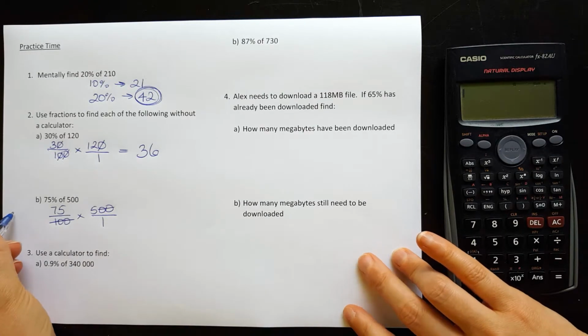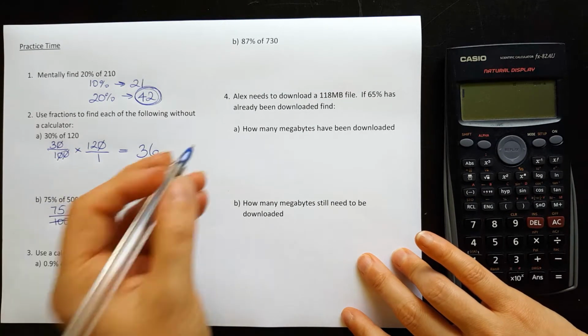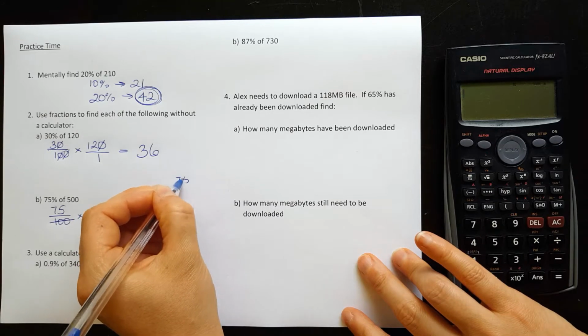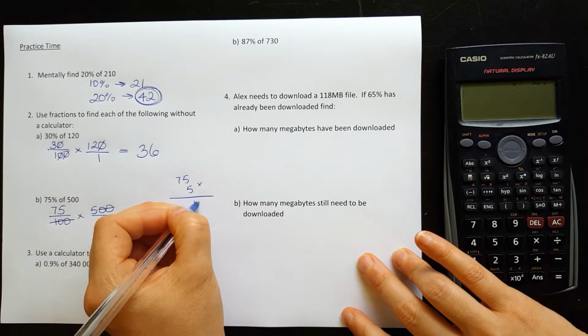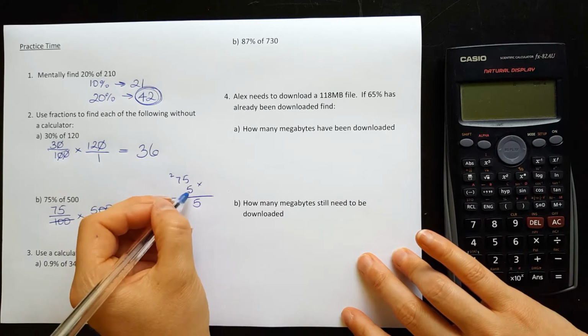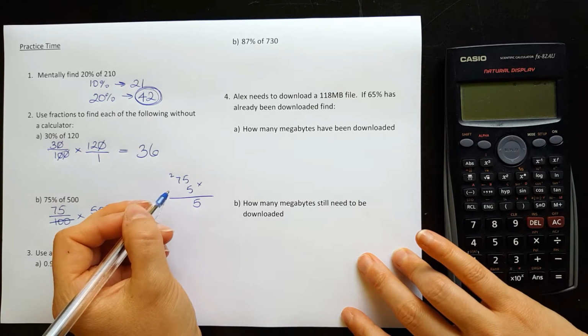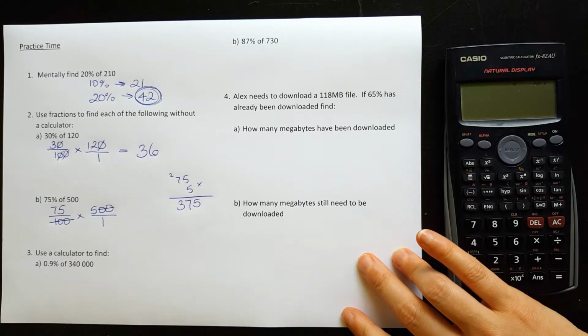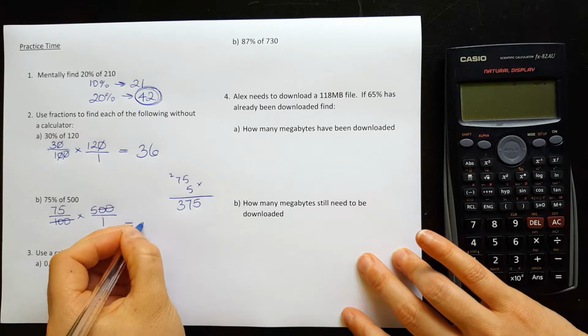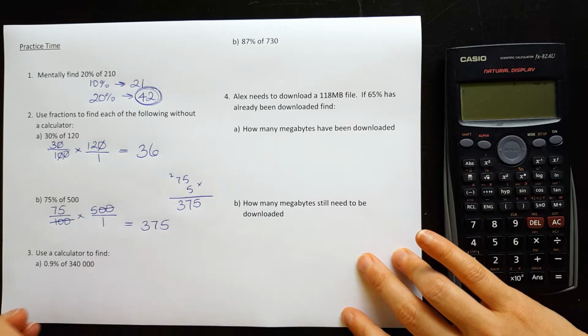You might want to do a little multiplication over here on the side, or maybe I'll do it over here, I have more room. 75 times 5. 5 times 5 is 25. And 7 times 5 is 35. Add on the 2 more is 37. So that is going to be equal to 375.